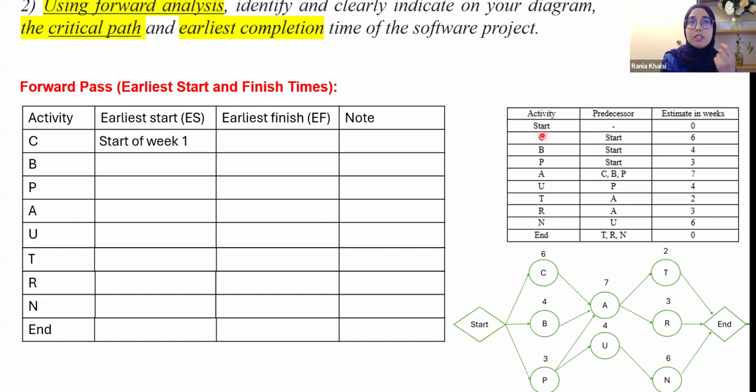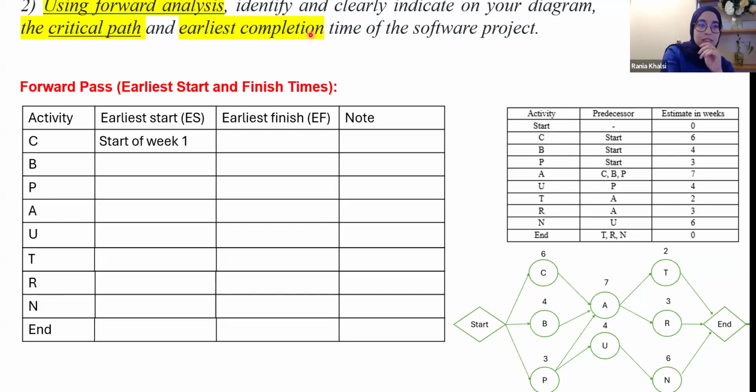So we have C first, then B, then P, then A, then U, then T, then R, then N, then the end, okay? It's not important to mention the start because it is just 0 weeks, so I don't see any importance in mentioning that. The end I'm mentioning because at the end it is going to help me find the final time to complete.